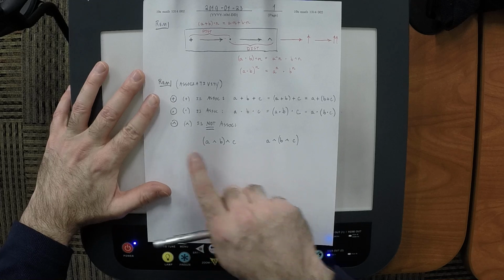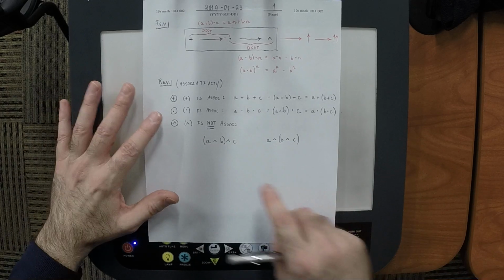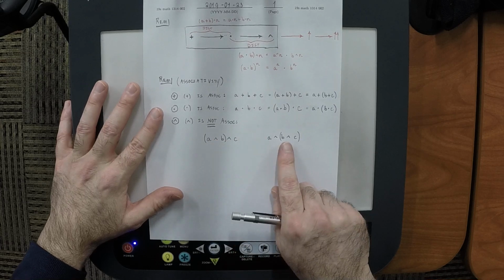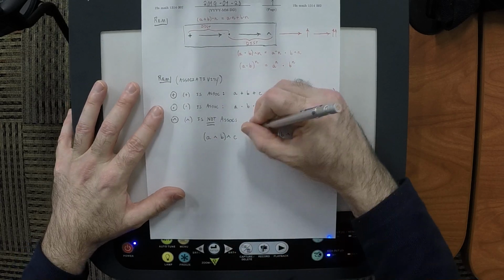So ABC, all exponents like that, but done in this case in that order, and in that case in that order. These are not the same.